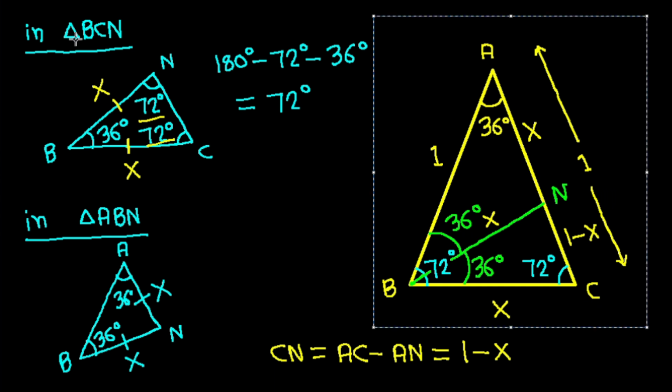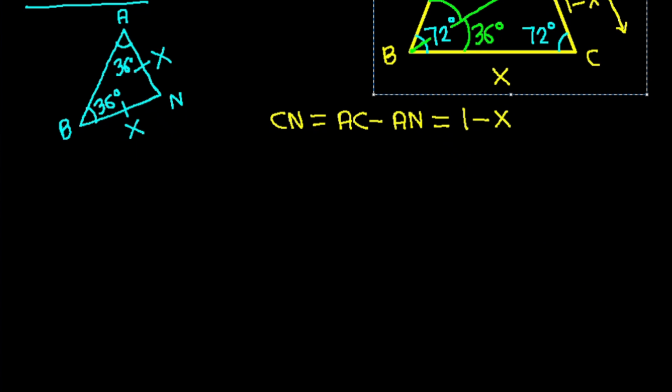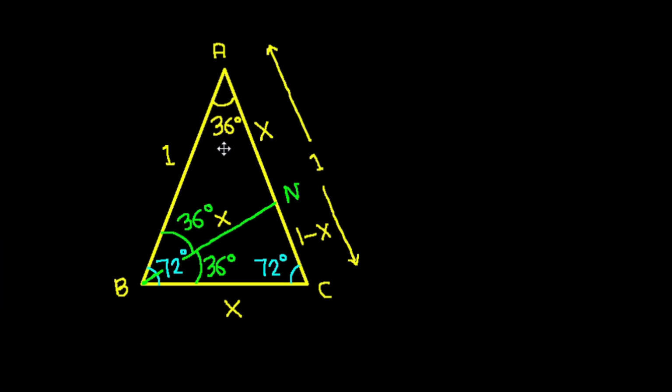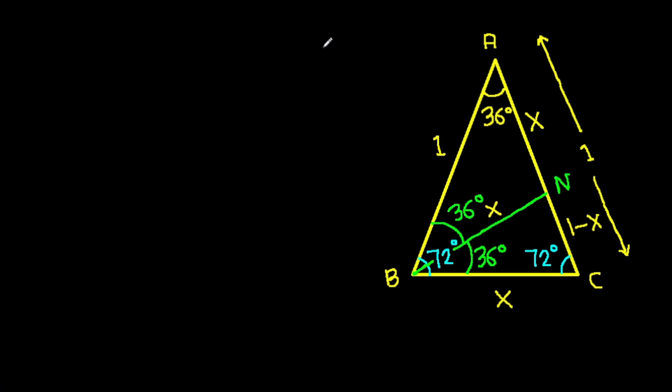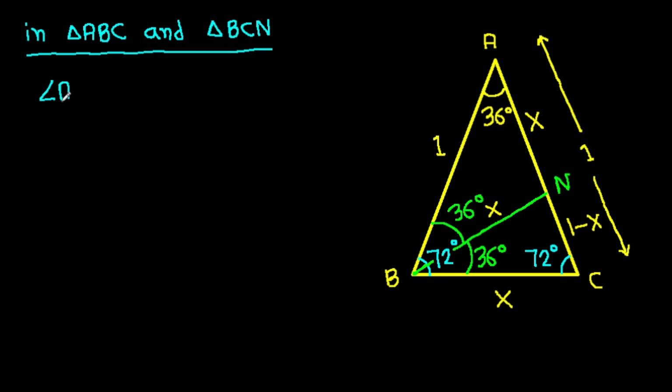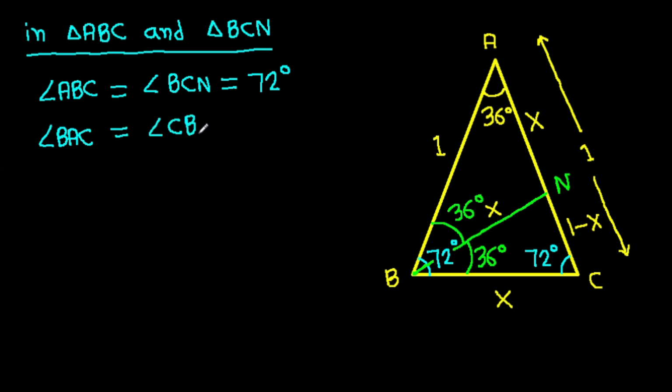and now in triangle ABC and triangle BCN, we have angle ABC is equal to angle BCN, that is 72 degrees, and angle BAC is equal to angle CBN, that is 36 degrees.